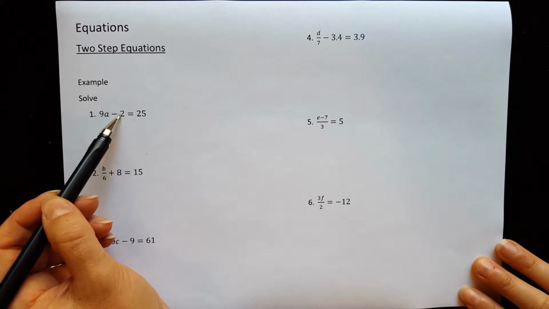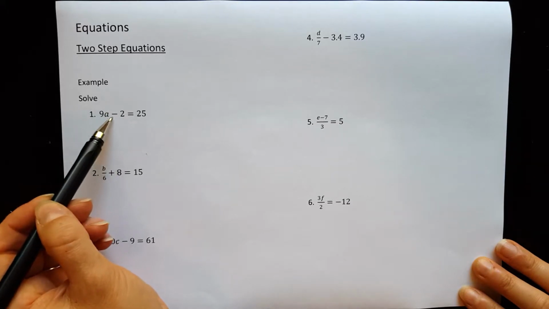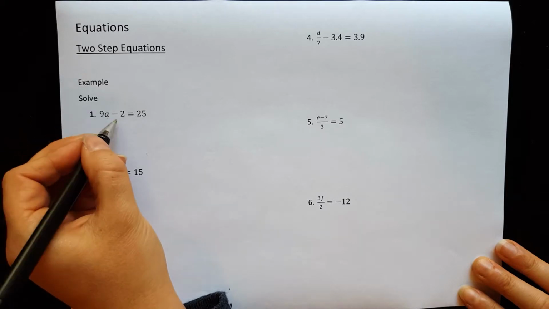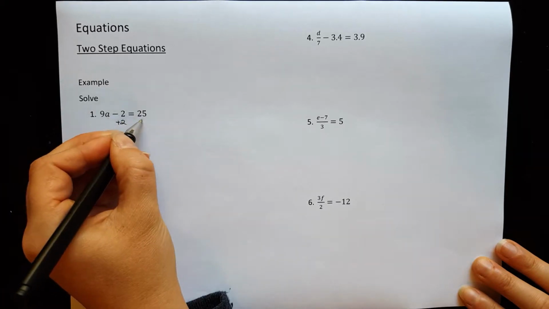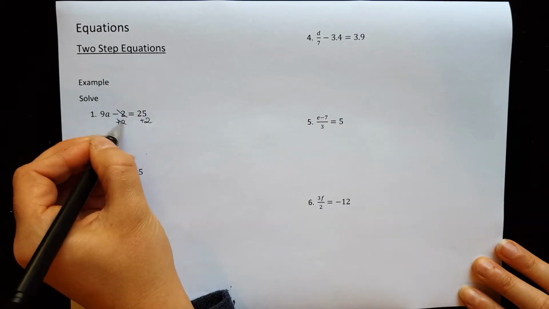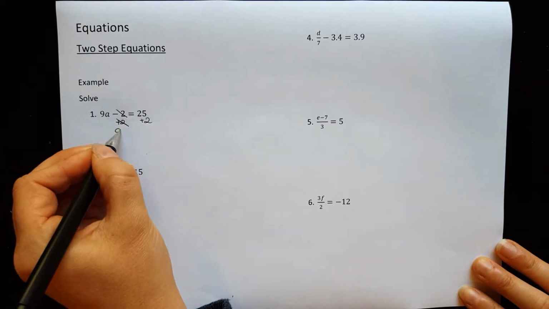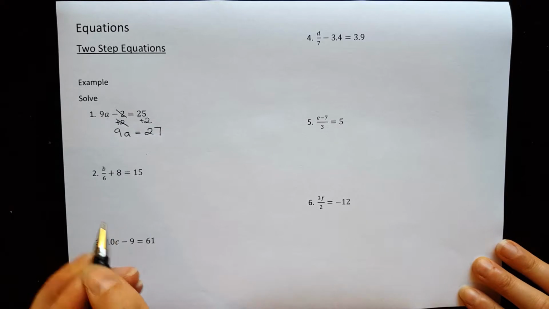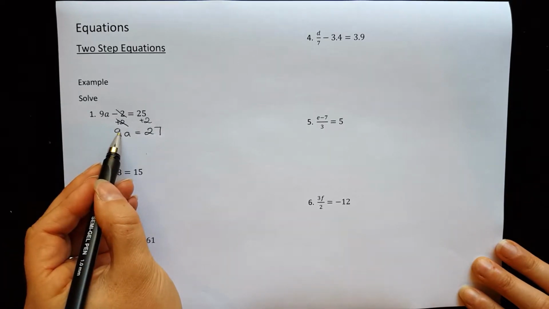So the first thing we need to do is move this 2. To get rid of it, we do the inverse, which is to add 2 to both sides. That gets rid of it. So we have 9a is equal to 27. Now the only number left is the 9, so I need to get rid of that one.